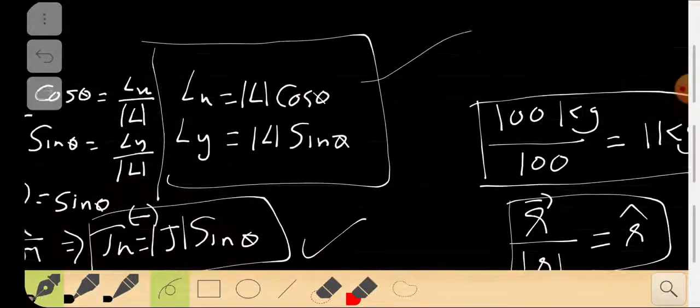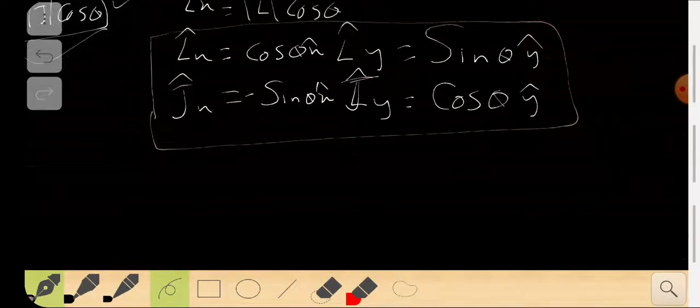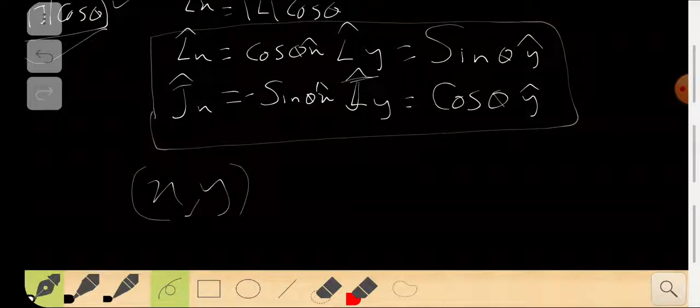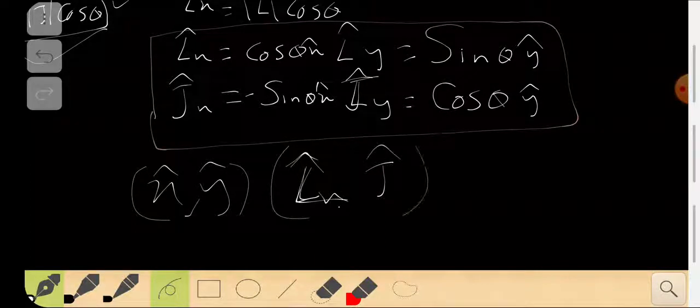We knew x and y, right? We have transformed our system from x and y, or x cap and y cap, into the l and j system, okay. So we have transformed this into that.